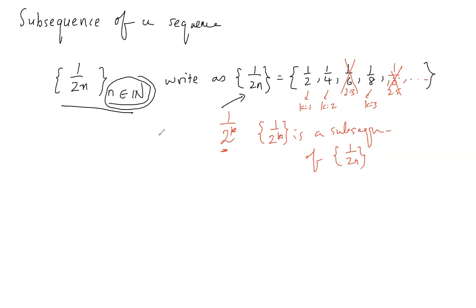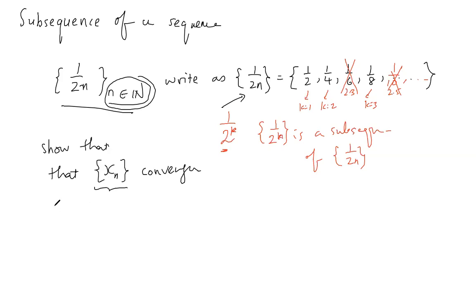Now, once you have the subsequence properly defined, why do we have such things? It's because sometimes you want to show that some sequence converges, but you find that it's actually quite difficult to show this because of the particular form of xn. It may be complicated to show.